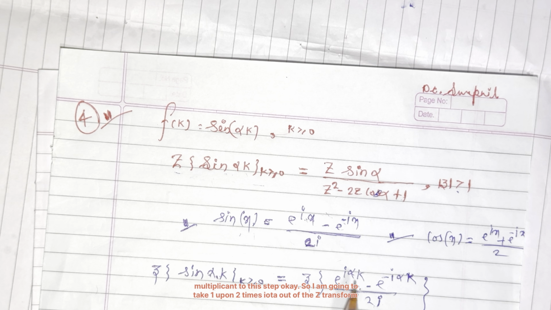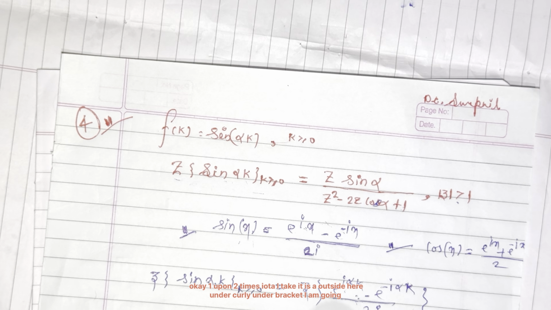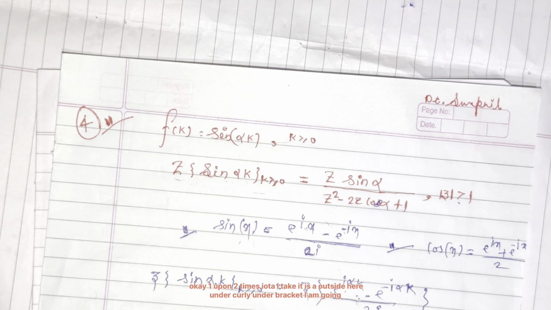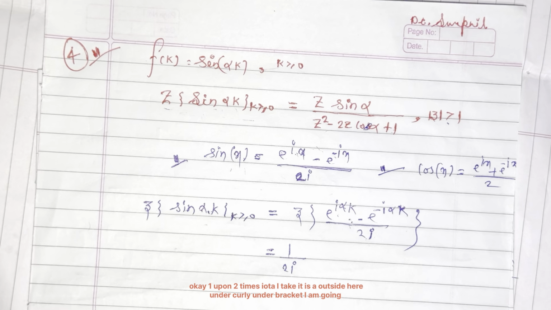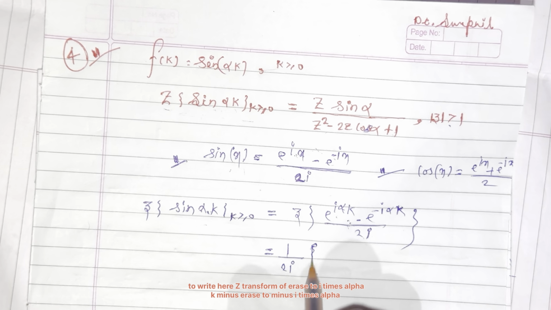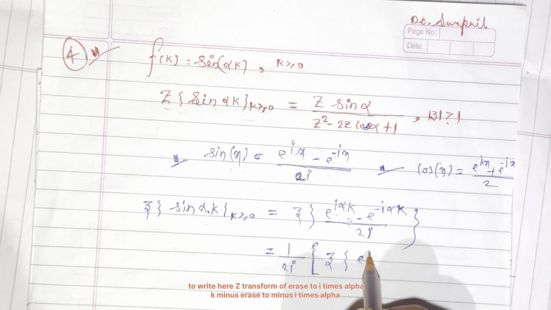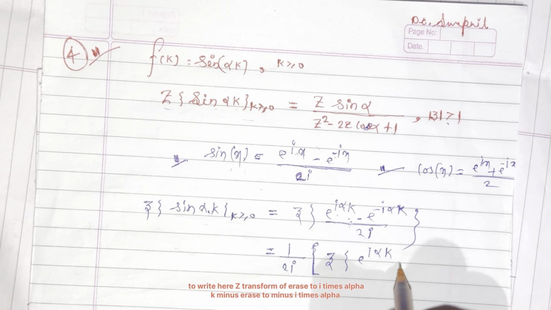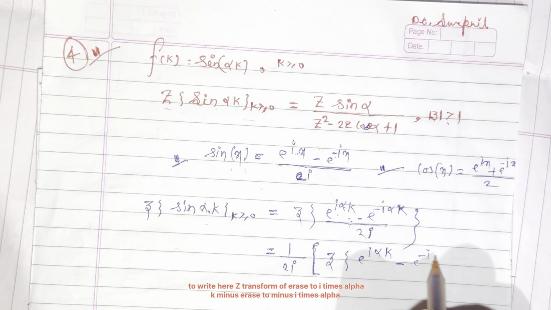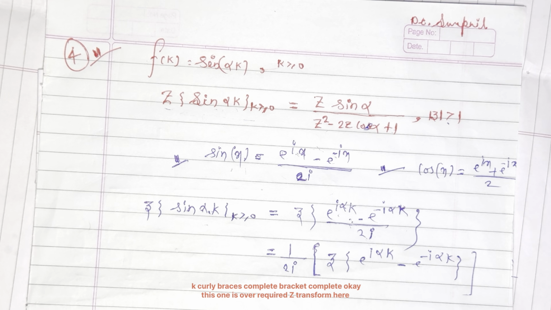So I take 1 upon 2i out of the Z transform. Inside the brackets, I write the Z transform of e raised to i alpha k minus e raised to minus i alpha k. This is our required Z transform.